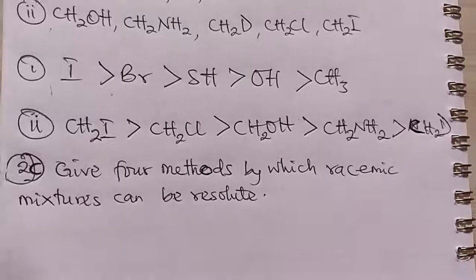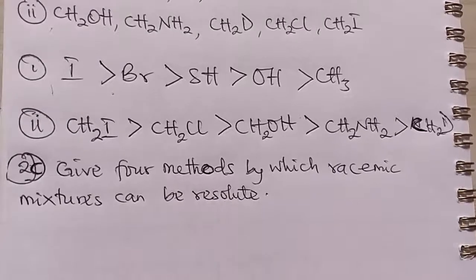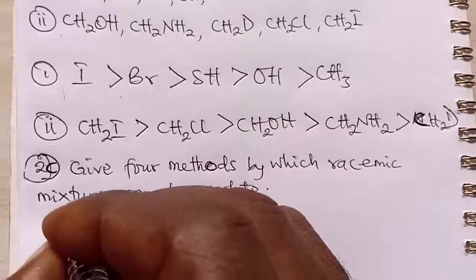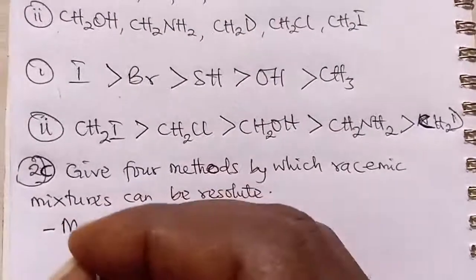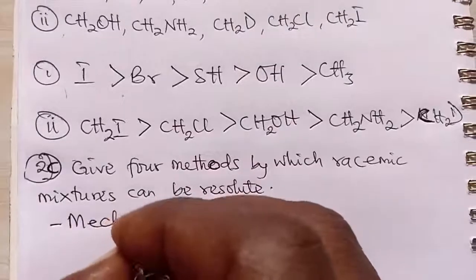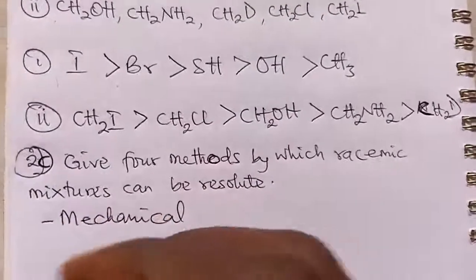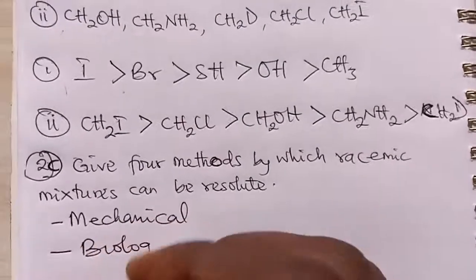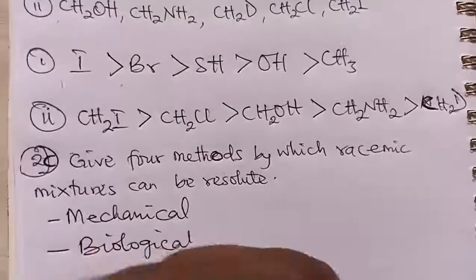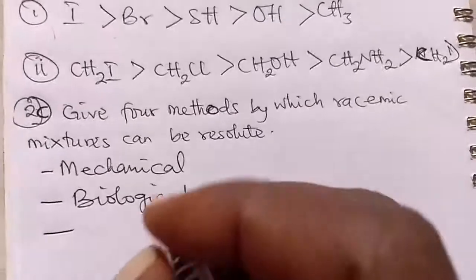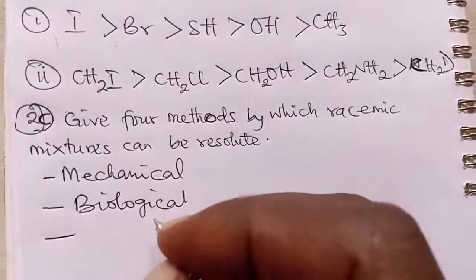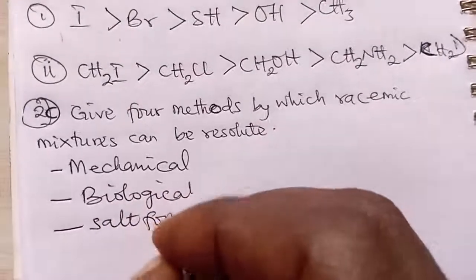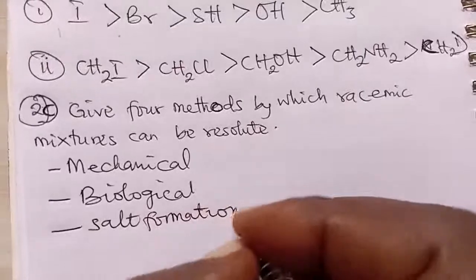The next question says, give 4 methods by which racemic mixtures can be resolved. The first method is mechanical separation. The second one is biological separation. Then the third one is by means of salt formation.